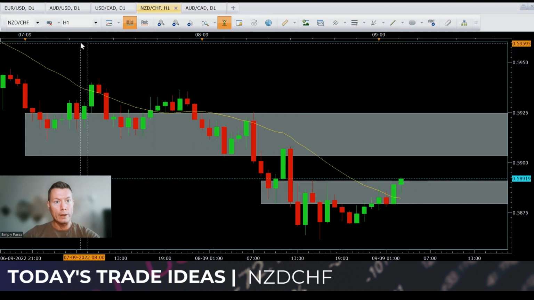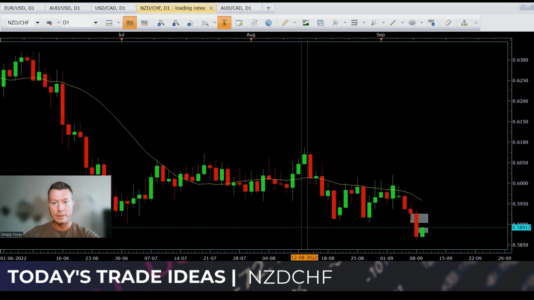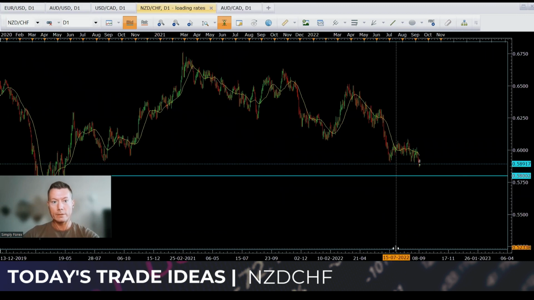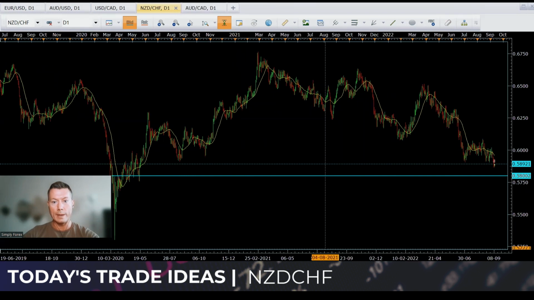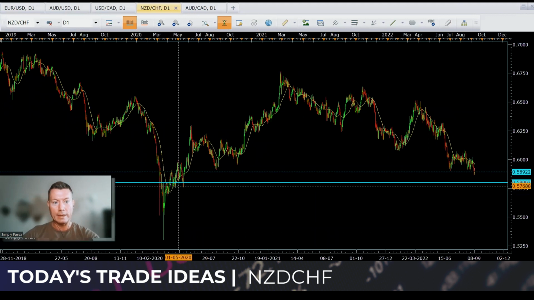Guys, I haven't shown you our higher time frame target. Let's quickly go back to the day chart. What a terrible host I am. So this is our higher time frame target. I've had to really zoom out, guys. You can barely see the candles. But this area here is obviously an area that price has been reacting at historically.